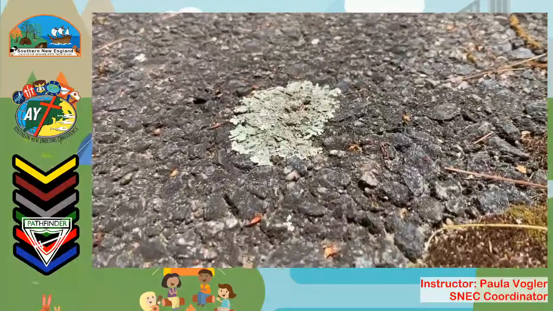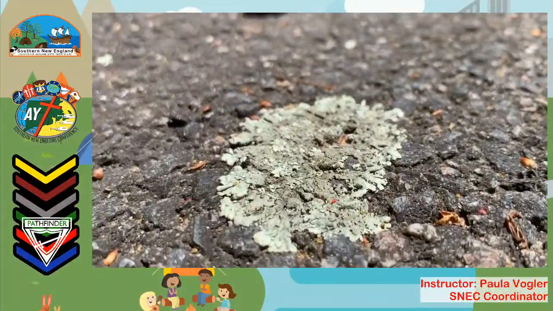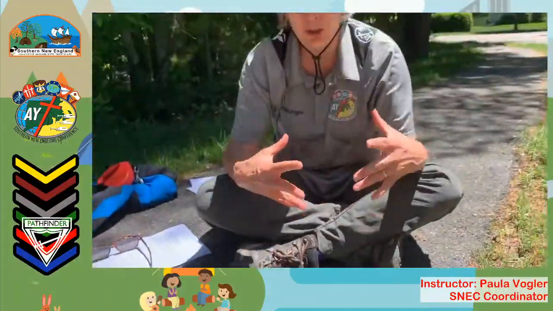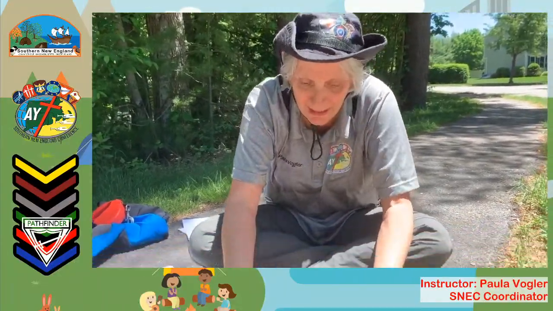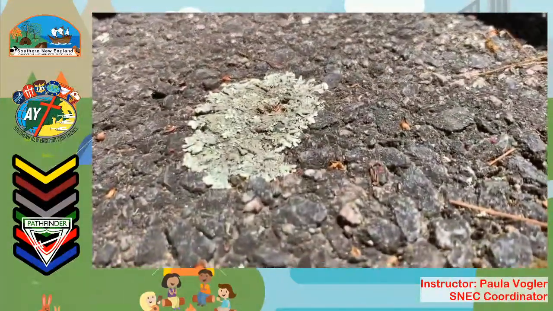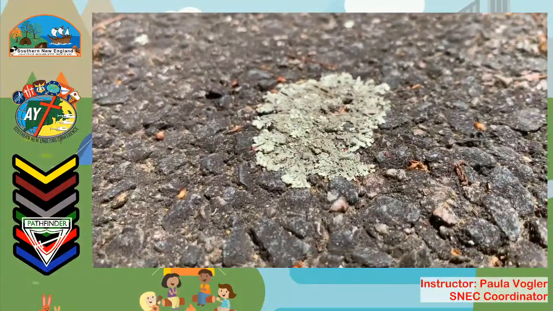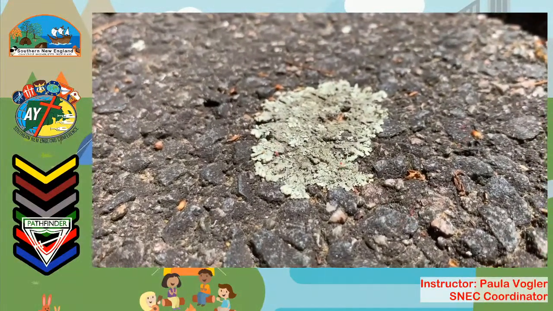And so with a fungus, the filaments enclose, surround, and grow into the algae part, and if you look at it just like this, it looks like one type of organism, even though it's really two.